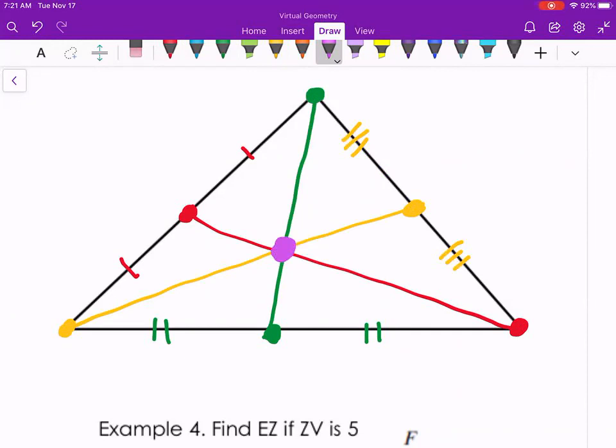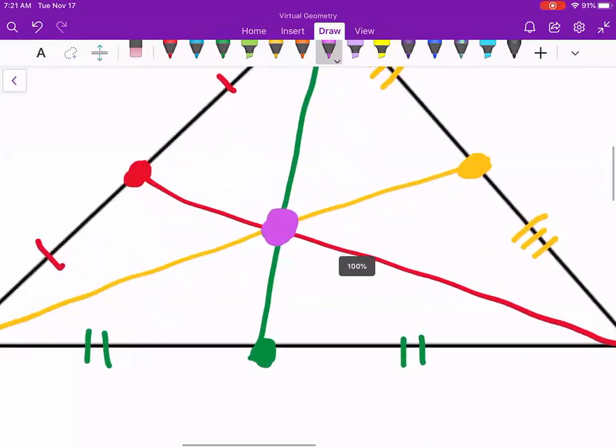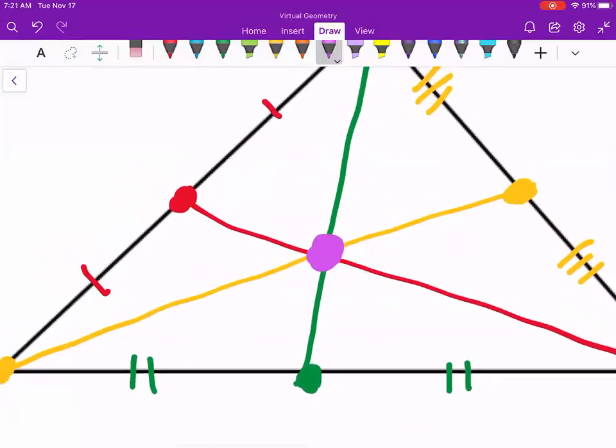Now, what this centroid point does is it creates a special pattern with each of those median segments. So one way to help with the formulas for these is to kind of label our different parts. Now, let's take a look at that last line I just drew. That median got cut into parts, but they're not the same length.